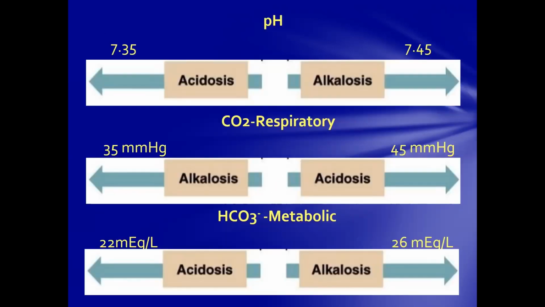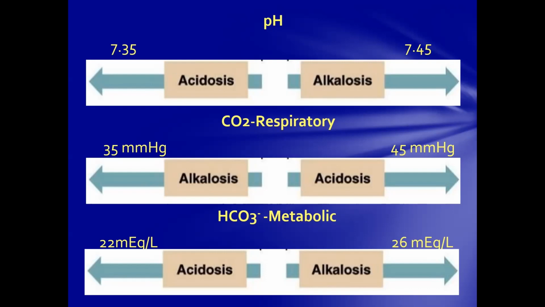So we can use the spectrum to not only describe the pH, but also the CO2 and the bicarb. When the pH is less than 7.35, you have more acid in your body and you are more acidotic. Likewise, if your pH is greater than 7.45, you have more base in your body and you're more alkalotic.